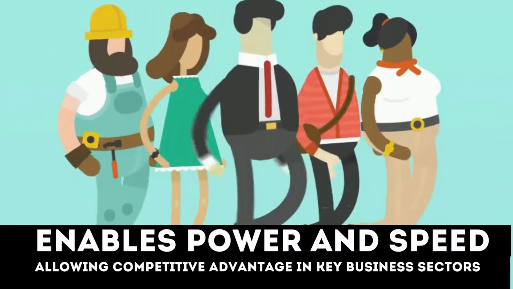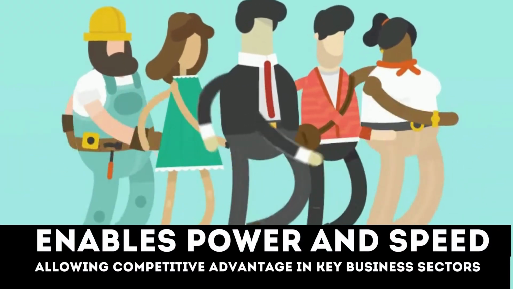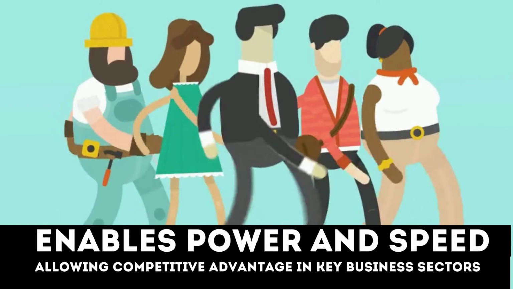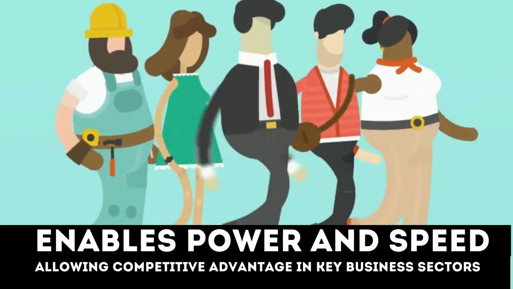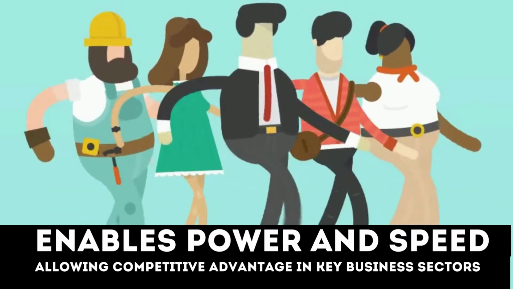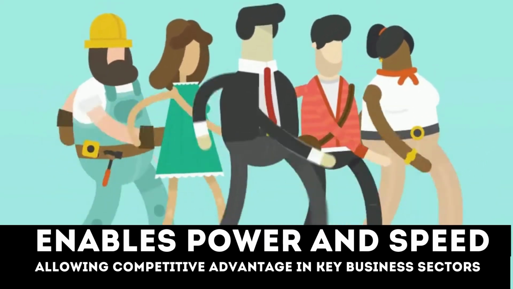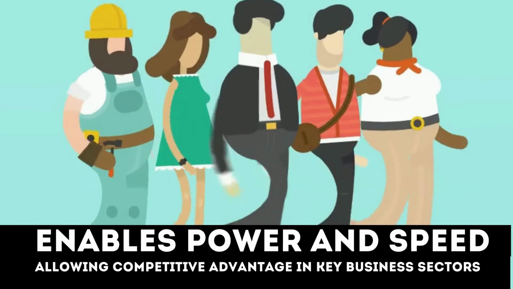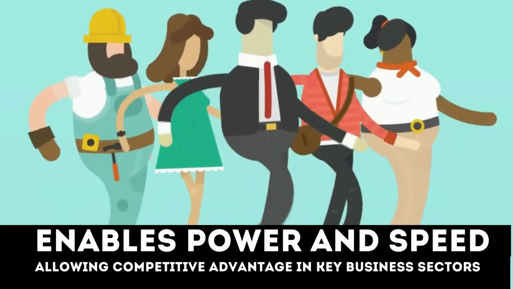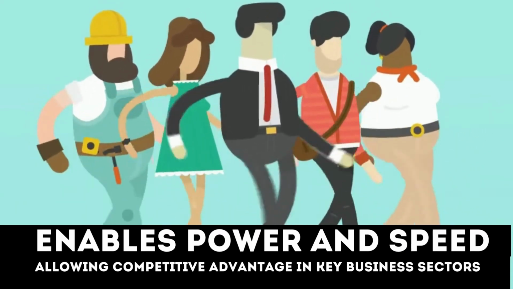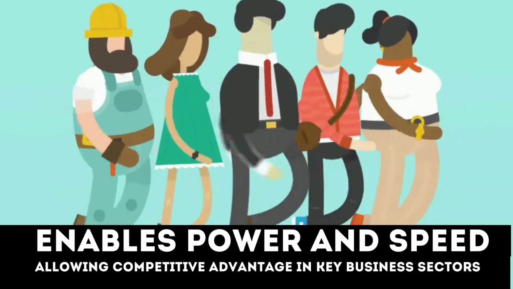A data warehouse enables this power and speed, allowing competitive advantage in key business sectors, ranging from CRM to HR to sales success to quarterly reporting. Therefore, it grants accuracy and productivity for key people in charge of making critical decisions for a certain company or organization.